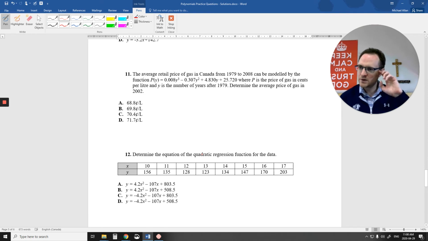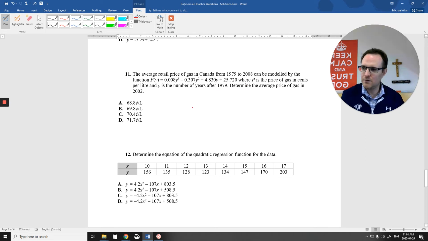There you go. The average retail price from some point to another point here is this, based on this equation, it's a weird cubic equation, where P is the price and Y is the number of years after 1997. What's the average price of gas at 2002?